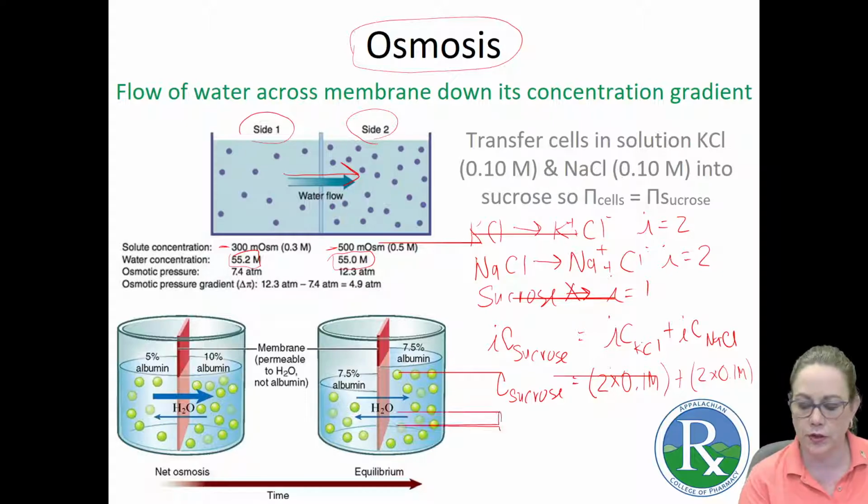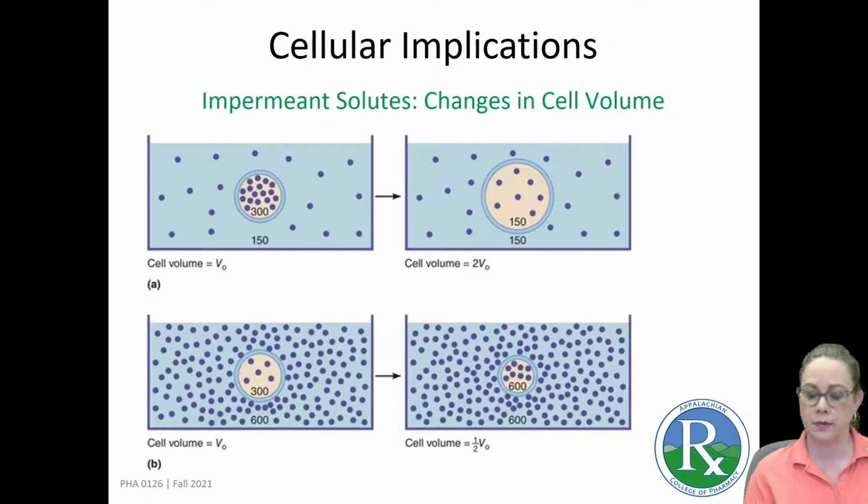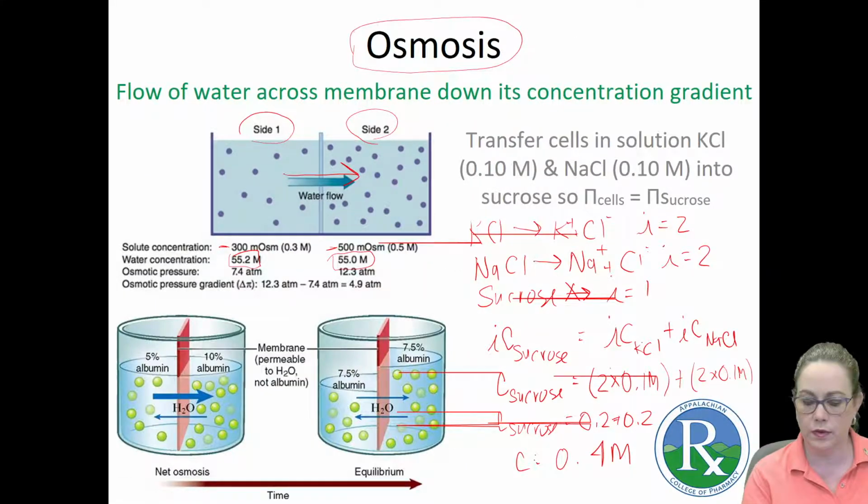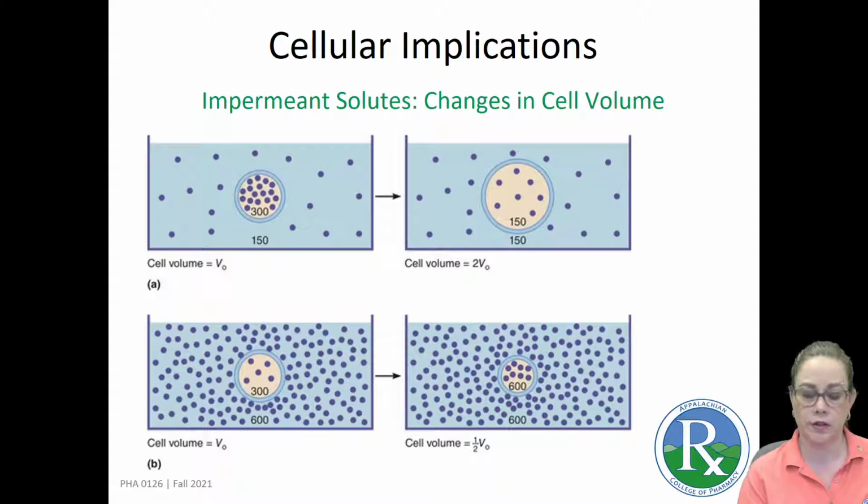So our concentration of sucrose to be isoosmotic is going to be equal to 0.2 plus 0.2 molar, or 0.4 molar. Okay, so that's what we would need to do to solve for that concentration of sucrose.